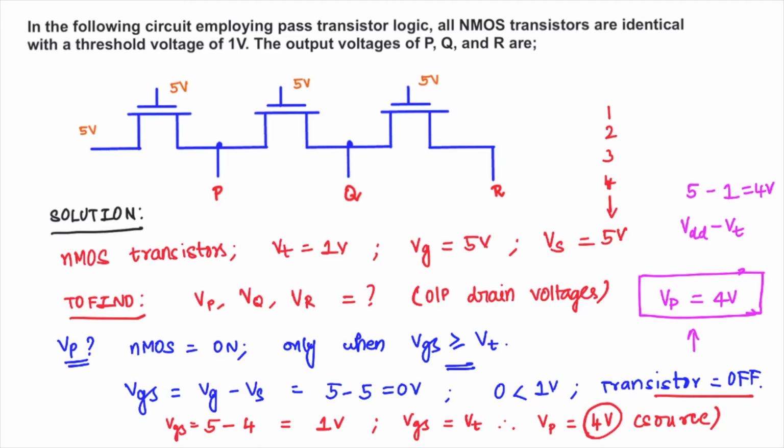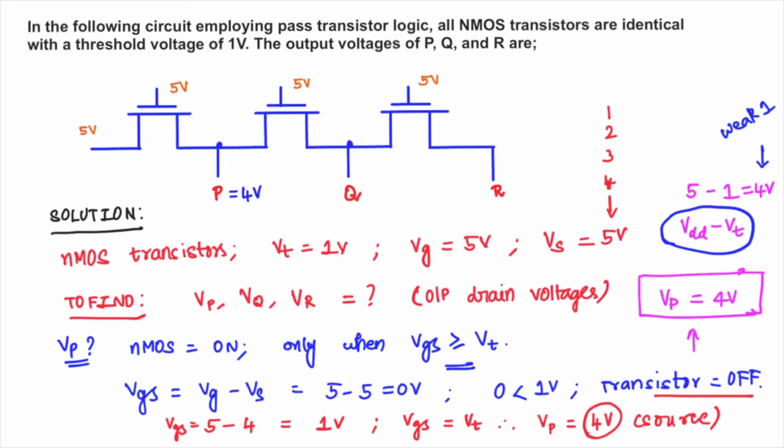This is what we call a weak one, because it is not 5 volts. Since NMOS cannot pass a strong one, it is only passing a weak one. So now we know that VP is going to be 4 volts.